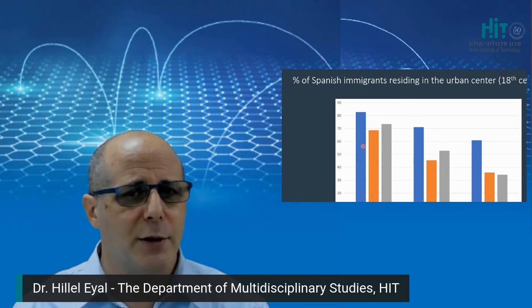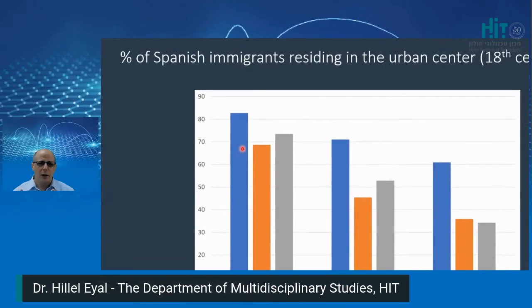That means that there was, on the whole, a difference in the social structure between Mexico City compared to Buenos Aires and Caracas. In the long term, that would mean that Buenos Aires and Caracas would indeed develop on a relatively more egalitarian basis.